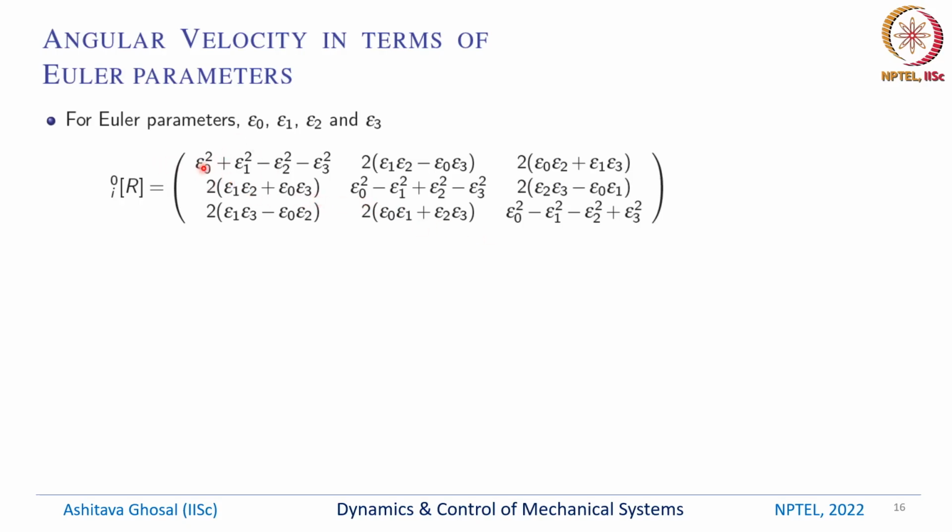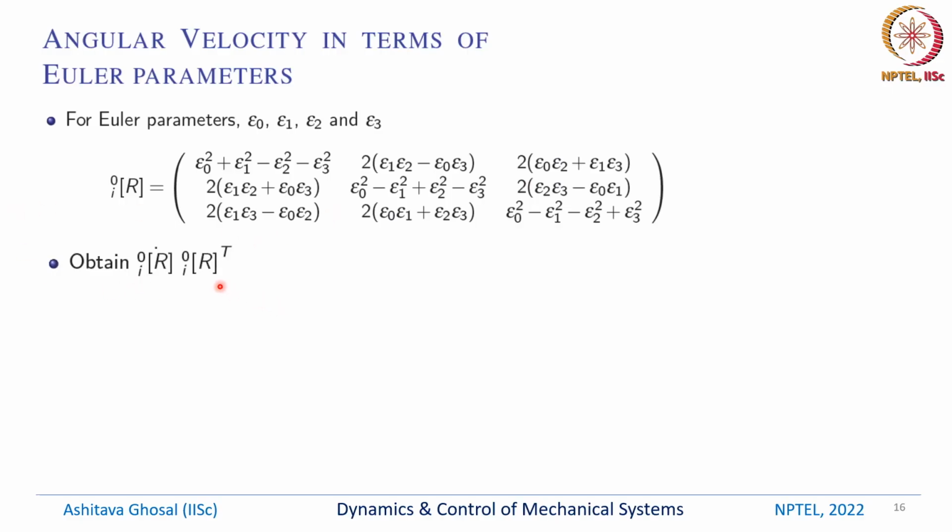So the R11 term is epsilon 0 square plus epsilon 1 square minus epsilon 2 square minus epsilon 3 square and so on. These are some terms which we obtained from k and phi, and then k and phi was related to the rij's. We can now obtain r dot r transpose.